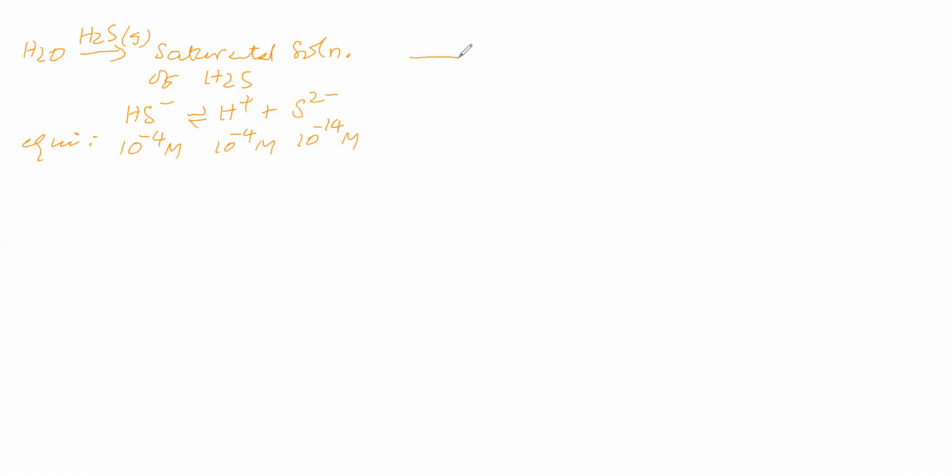Now let us add 0.1 molar aqueous solution of HCl. So what will happen? If you add 0.1 molar aqueous solution of HCl into the saturated solution of H2S, what happens to this equilibrium? Now we take HS minus, H plus and sulfide.